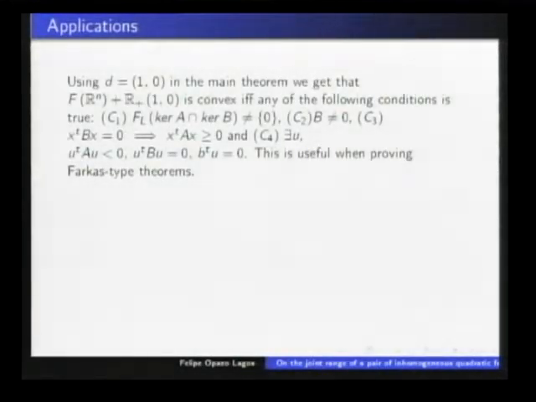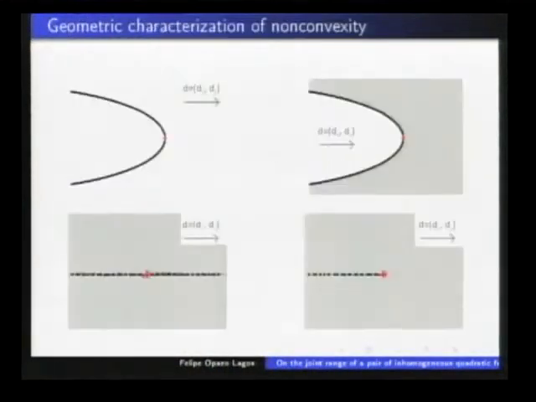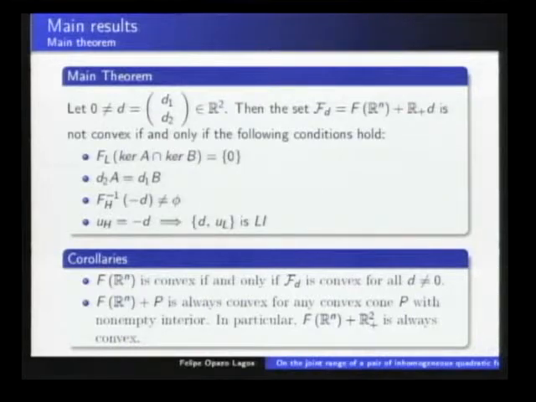Using the applications of the main theorem, we get the expected Farkas type theorem, namely an S lemma, assuming a Slater condition and the denial of the 4 conditions for this set to be convex.